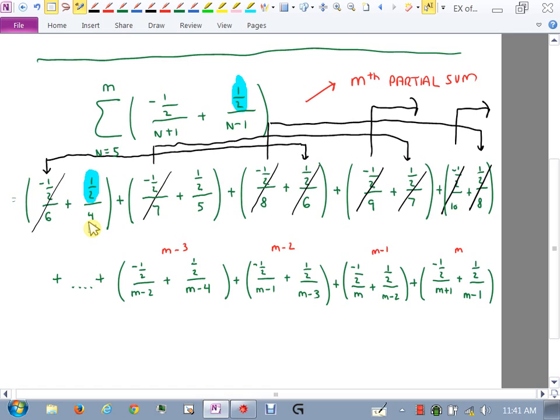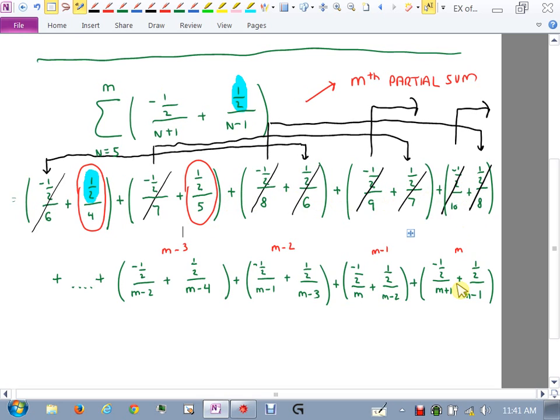So this one is not going anywhere. I'm going to circle the ones that aren't getting killed off. This one's not getting killed off. How about this one? No, because there's not a first term 2 parentheses away, so it's going to stay. And then this one did, right? That one was the first one that actually had something in front of it, 2 in front of it. So I think that takes care of everything up there, right?